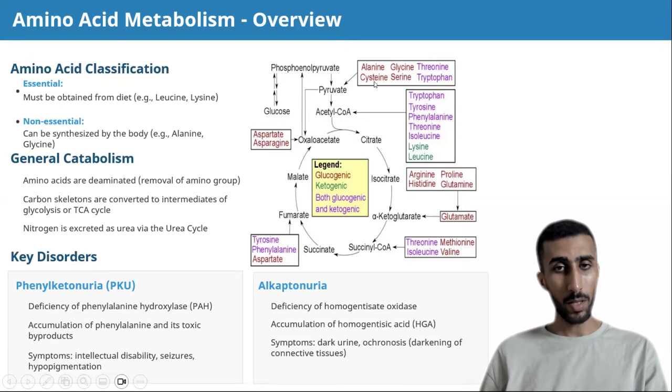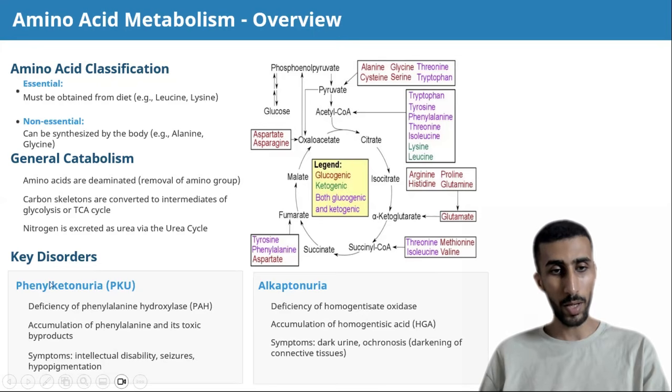Just memorize the amino acids that are converted into pyruvate, which are purely glucogenic. Lysine and leucine are purely ketogenic, and these others are both ketogenic and glucogenic. Then there are disorders such as phenylketonuria and alkaptonuria.